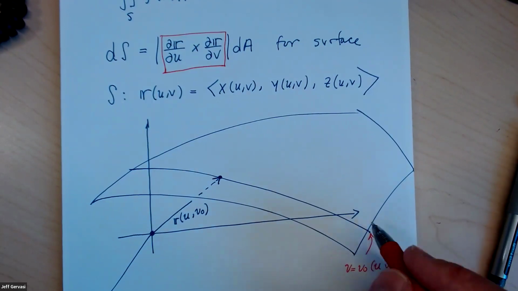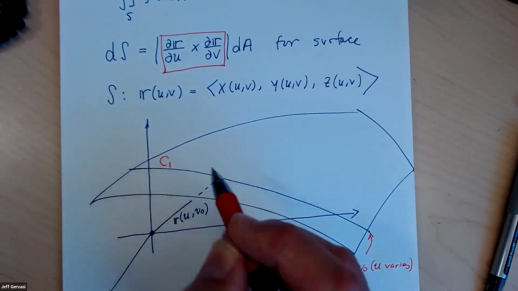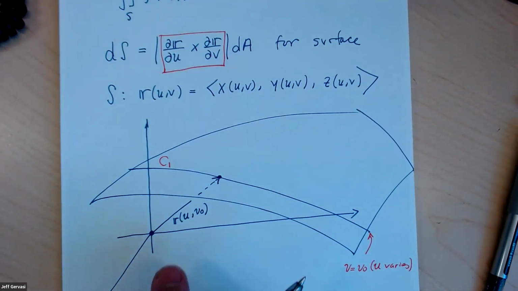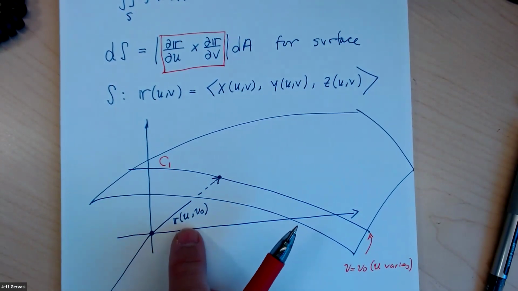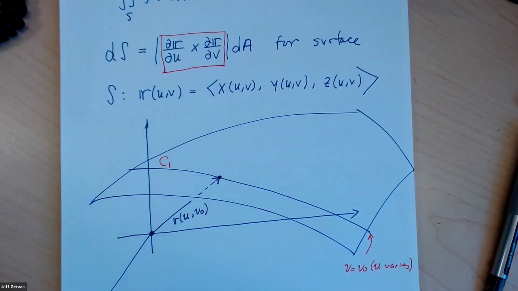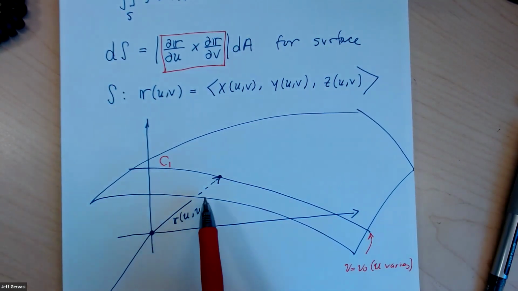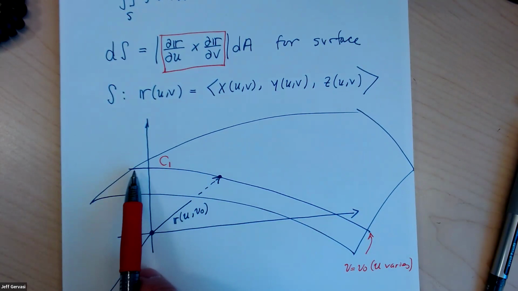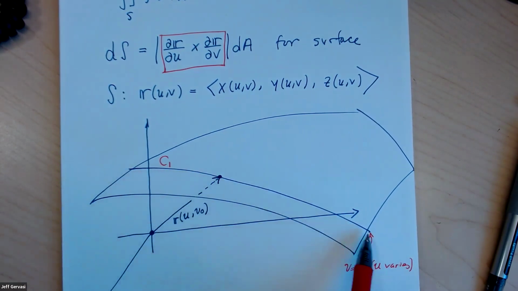We could call the curve C1. Think of that as a vector valued function. u varies, but v sub 0 is a fixed number, and so that vector valued function is going to trace out that curve.